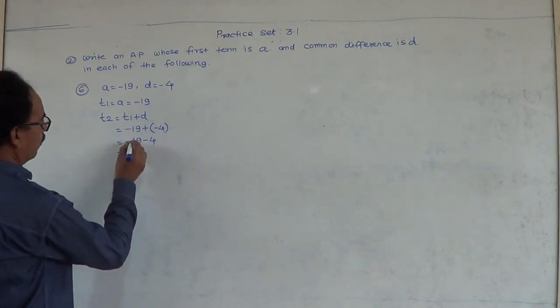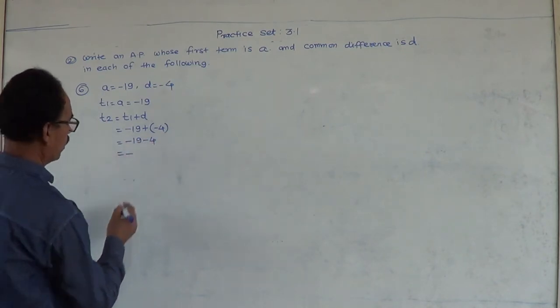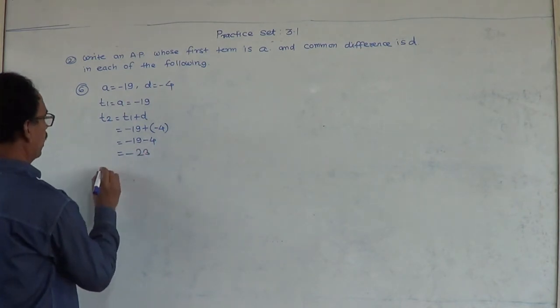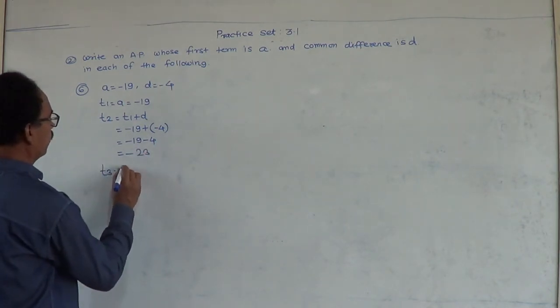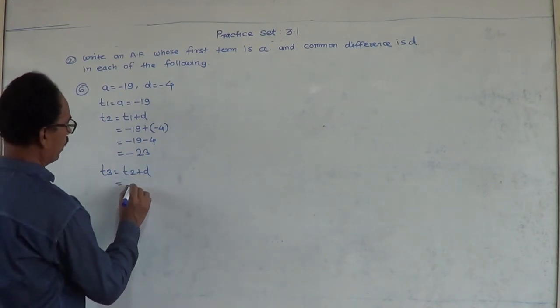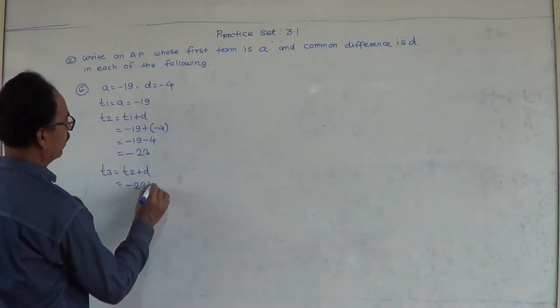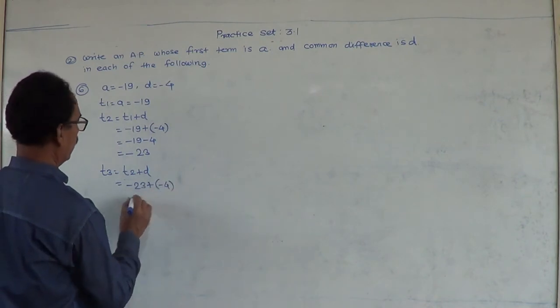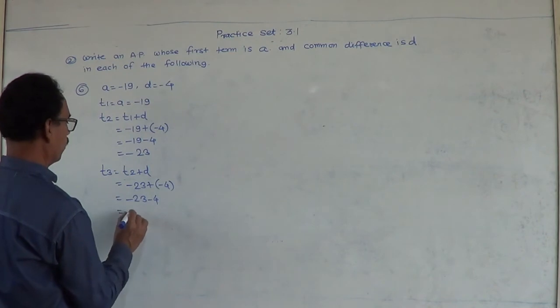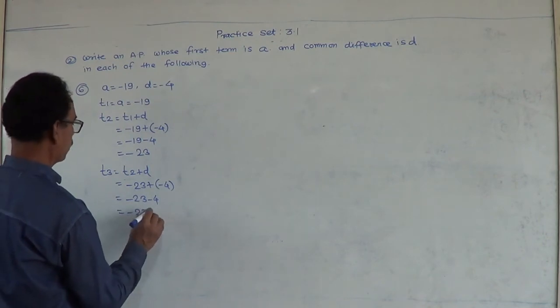So here we have minus, and 19 plus 4, that will be 23. Again T3 will be T2 plus D. Value of T2 is minus 23 plus value of D is minus 4. Again minus 23 minus 4, answer will be minus 27.